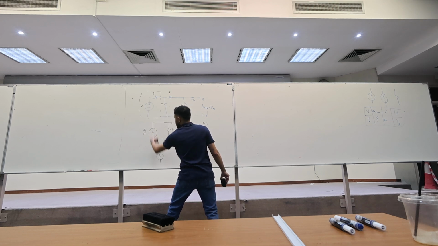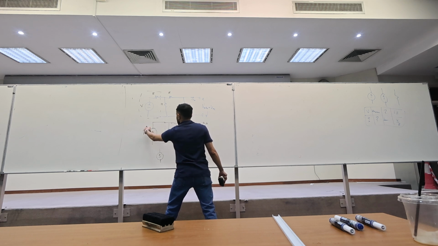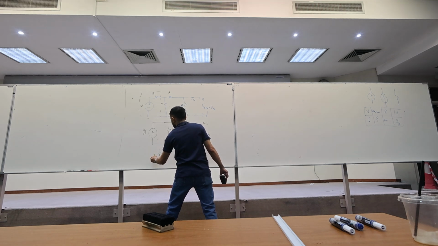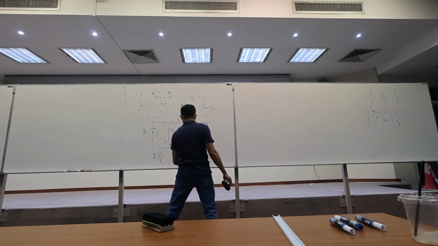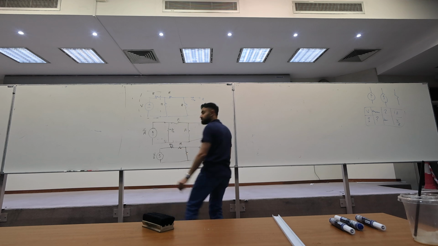Keep in mind the polarity is same as the direction of the arrow. V over R times R over 2. V over 2. It's V over 2. And what is this resistance? R over 2, in series with R, in parallel with R, and you're looking at AB. Get it?